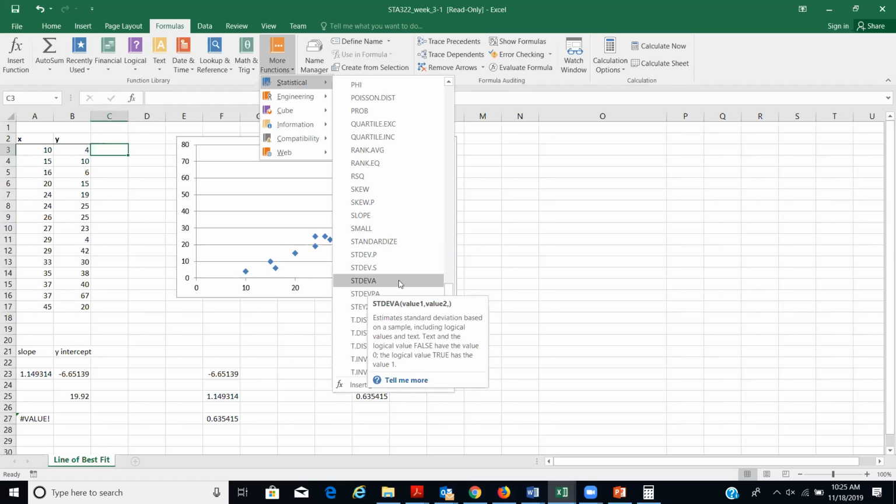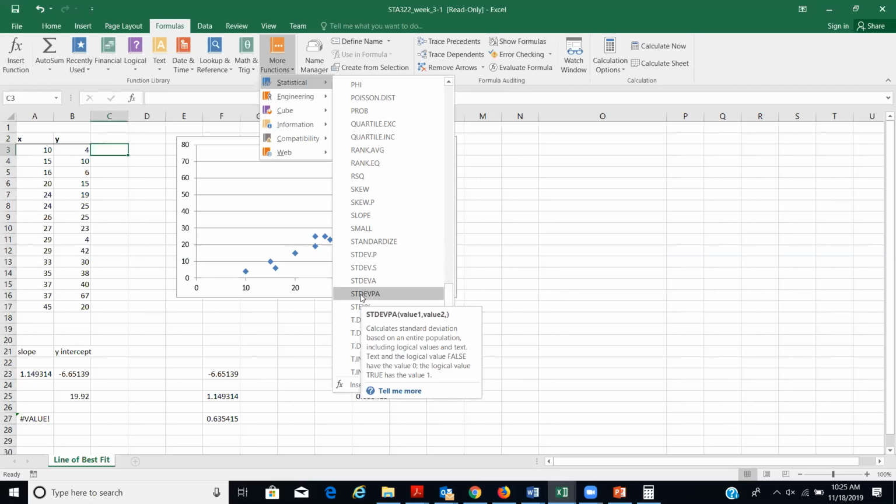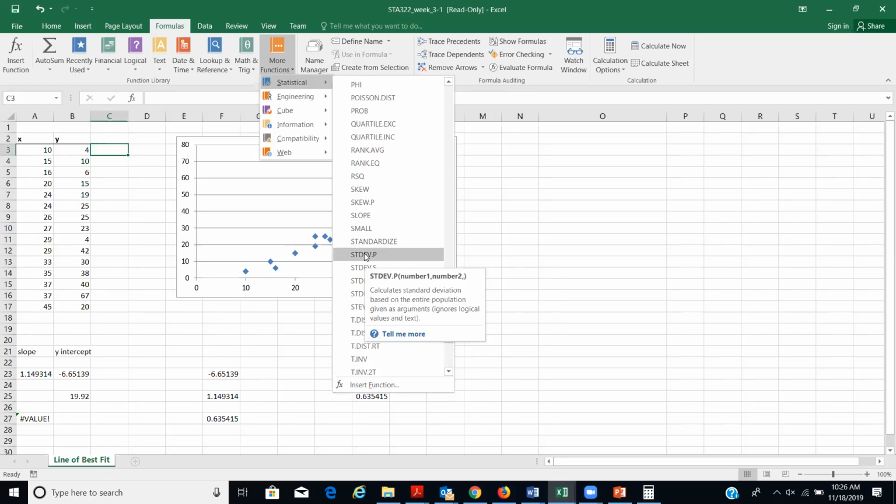Don't worry about SDEV A. That includes logical values like true, false, etc. And SDEV-PA is based on a population, again using those logical values, yes and no, true and false, that sort of thing. So we have a choice of the population standard deviation and the sample standard deviation.